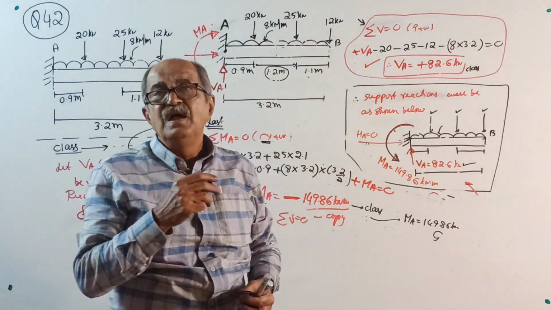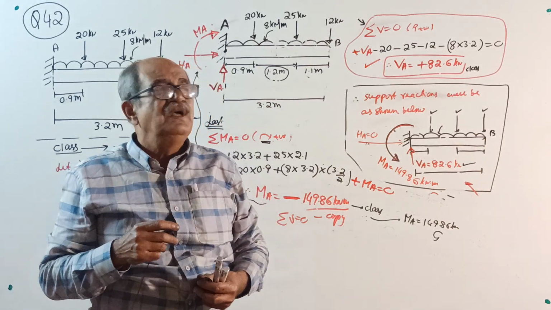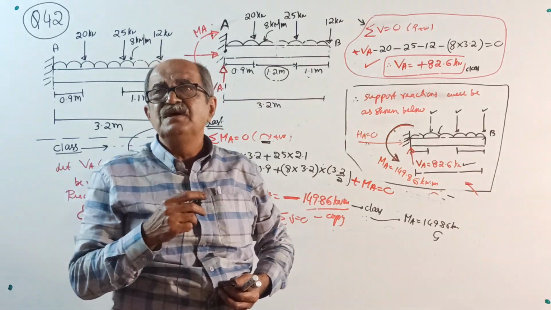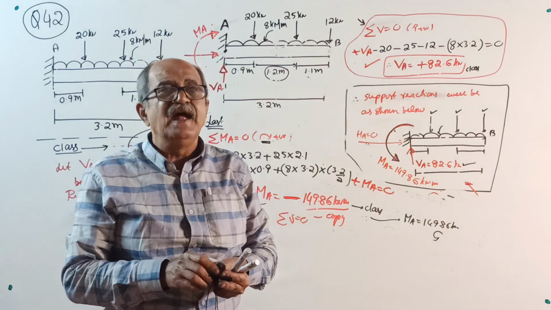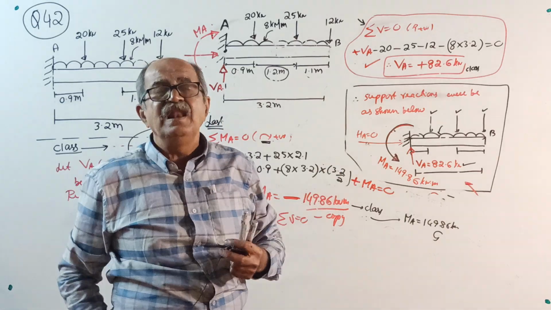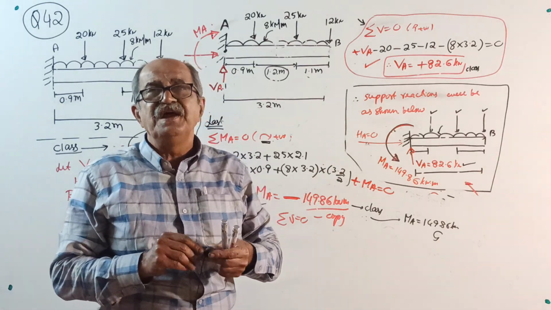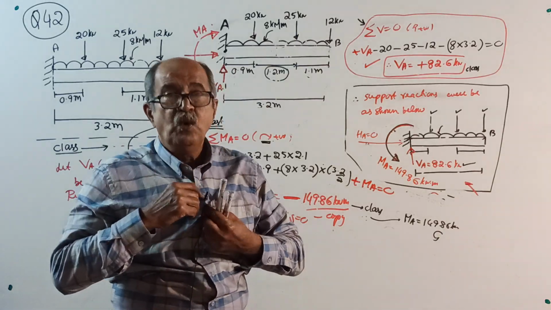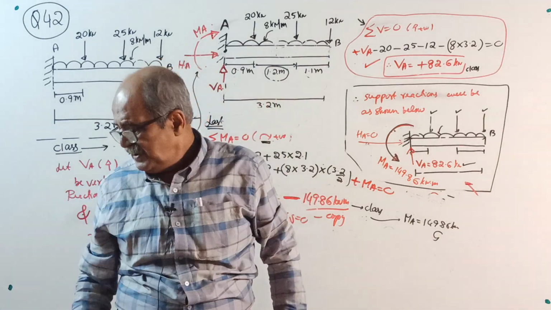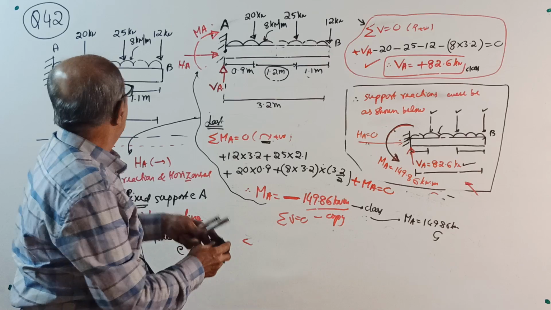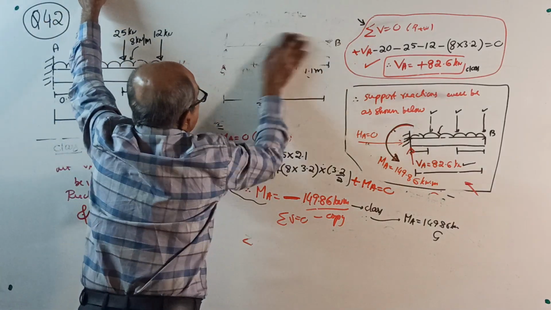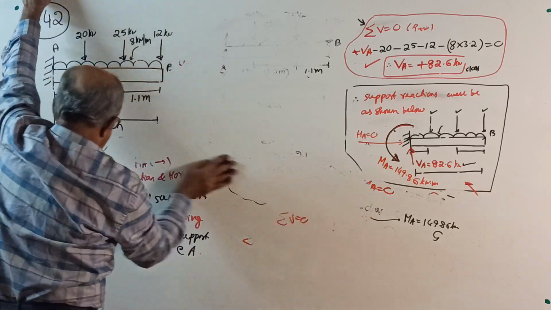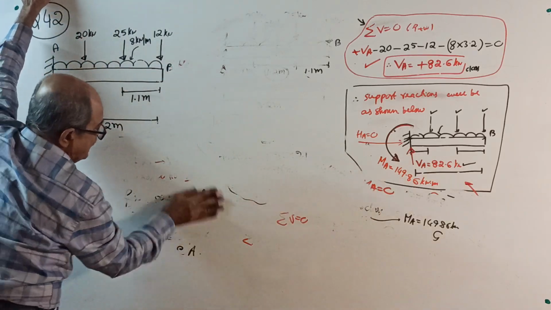I already told you, for cantilevers, you need not write anything. I will tell the direct answer also. Lastly, I will tell the shortcut method, which I told by observation, with only calculator and pen. Next time I won't tell these things.